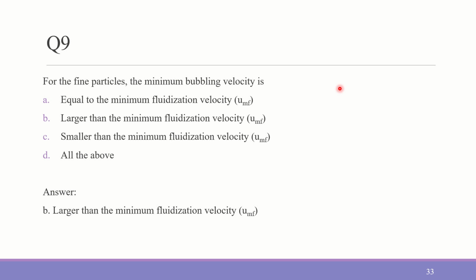For finer size particles, first minimum fluidization condition occurs, and at a later stage after some time the bubbling fluidization occurs, and it is UMB. So UMB is larger than UMF. UMB, the minimum bubbling velocity, is larger than minimum fluidization velocity, or in other words, minimum fluidization velocity is smaller than minimum bubbling velocity.